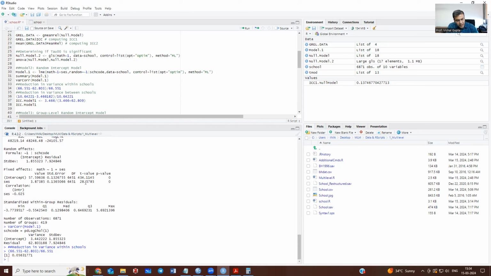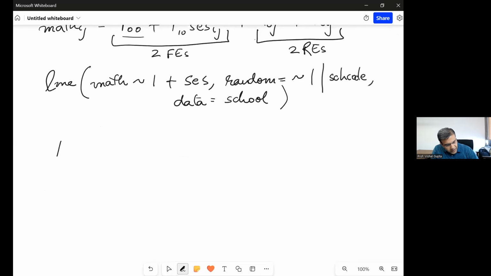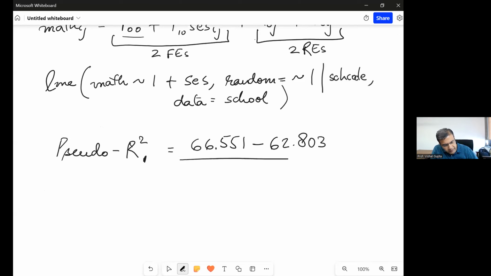So how will we write it? You can say the pseudo r square of level 1 is given by 66.551 minus 62.803 whole divided by 66.551, and this comes out to be 5.6% or 0.056.